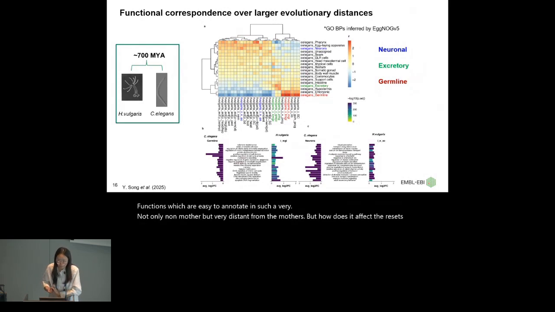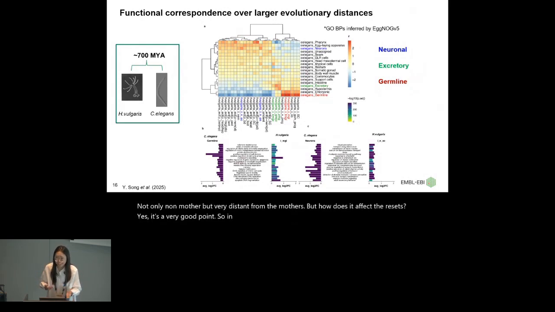Yes, it's a very good point. So in order to compare the Hydra and C. elegans, we didn't take the GO annotations from a database like Ensembl, because I remember it was just insufficient. So we actually inferred them using a method called eggNOG, which is basically inferred from orthology relationships across all of the tree of life.